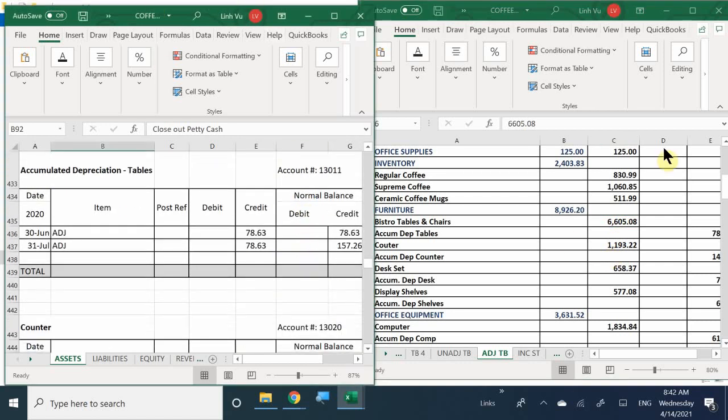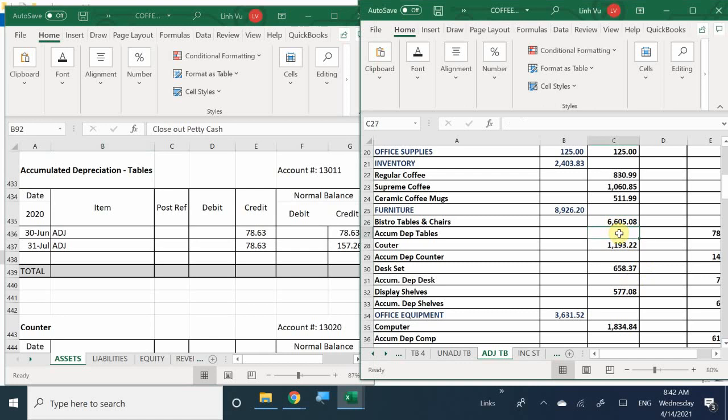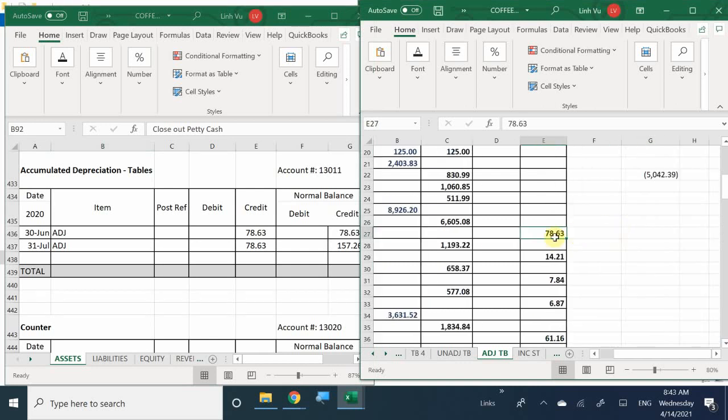However, what's the accumulated depreciation on that? 157.26. Okay, and that should automatically update this as well because this is from the previous one. You add all your assets and then you subtract all of your credits. Okay, so that one should be good to go.